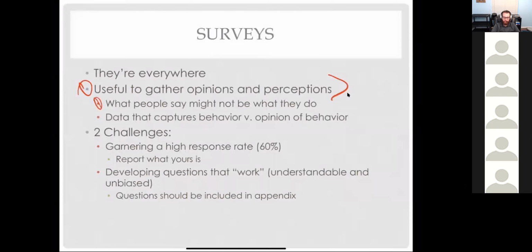Not everything that people say is what they will do. So there is that caveat that obviously we have to be cognizant of what we're asking, because we may get people who say something that's not exactly how they behave, either because they want to seem better than they are, or, in some cases, there's things like focus groups where people talk to teens about drug use or alcohol use.